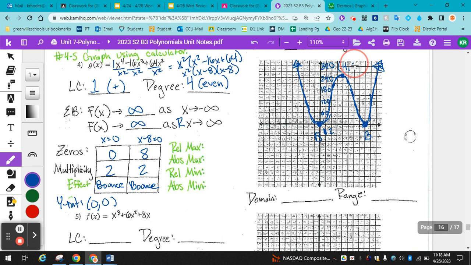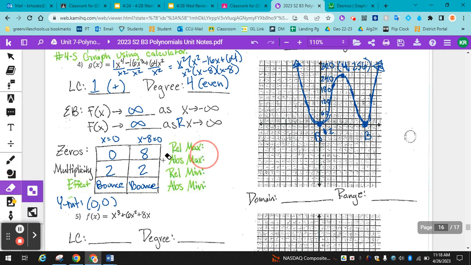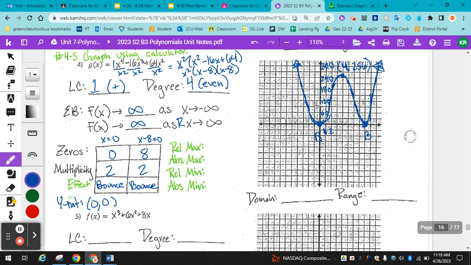So relative max, there's just one relative max, and that's your absolute max. No, sorry. I'm thinking relative min, sorry. Your relative max is that 4, 256. There's no absolute max because the graph goes up forever, so there's still more numbers up there.